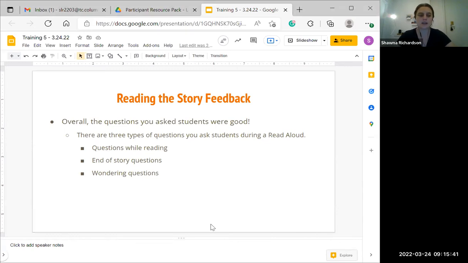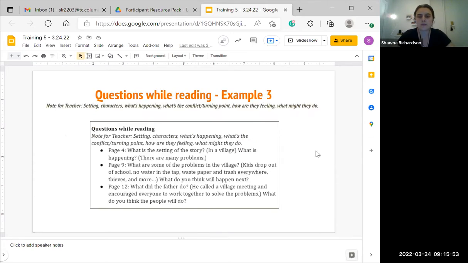So with that, like we were saying, for the reading the story part, there are 3 types of questions that you can ask your students. While you're reading, as you're turning the pages, you want to stop on a couple of pages to ask students about what's happening. So ask them, who are the characters?